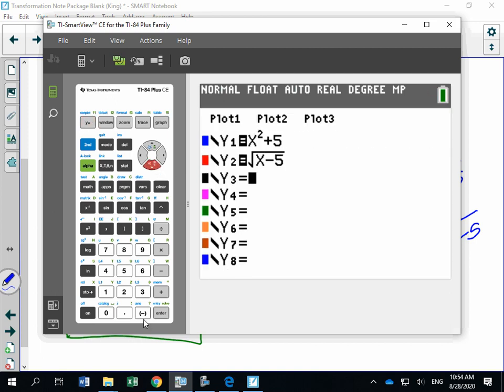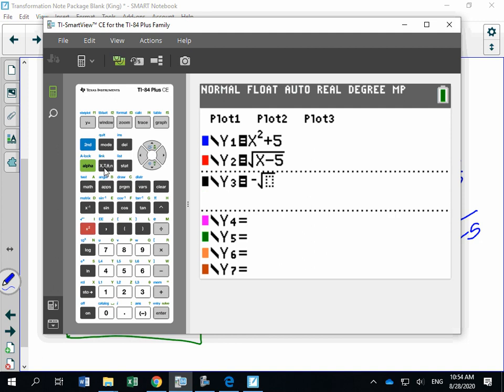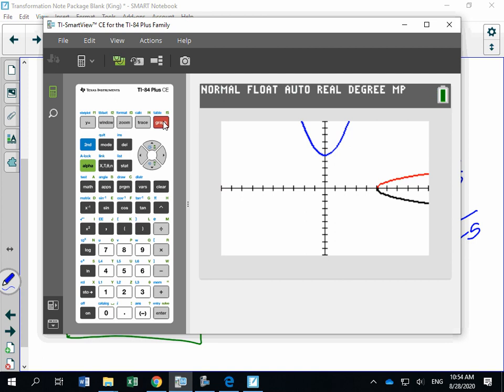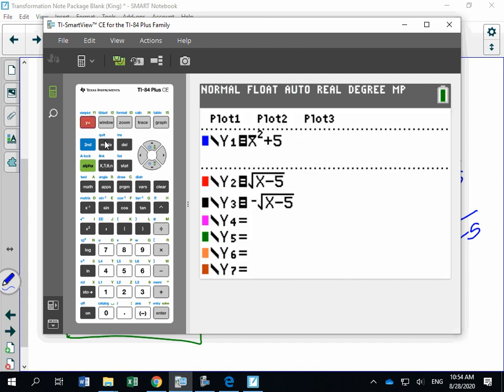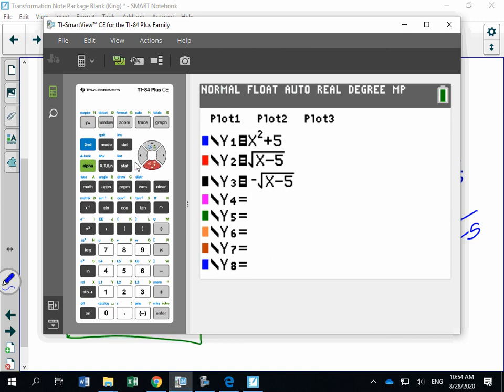And the other half is the negative square root of x minus 5. Graph that. There we go. So this graph here is the inverse of this graph here. They're reflections in the line y is equal to x. So let's illustrate that.